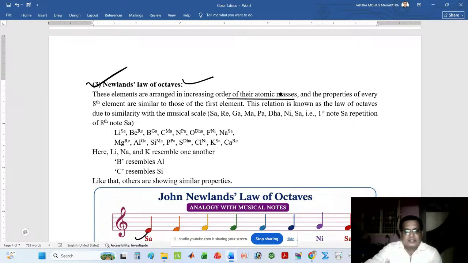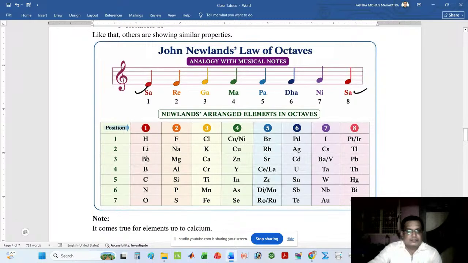Obviously, think about this table. When you go from hydrogen to lithium, the mass increases. Next, lithium to beryllium, beryllium to boron, boron to carbon, nitrogen, oxygen. Automatically, the mass is increased. Next, go from oxygen to fluorine, it again changes. Look at that, sodium is 23, magnesium is 24.